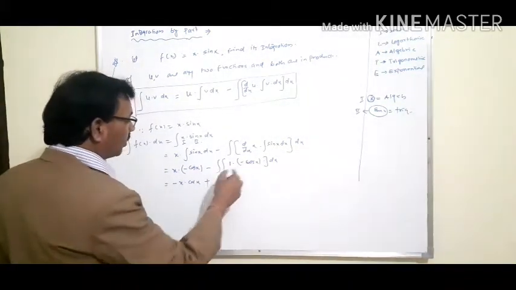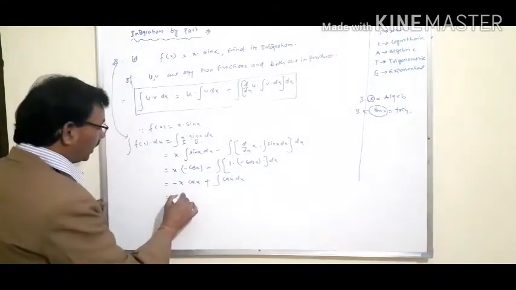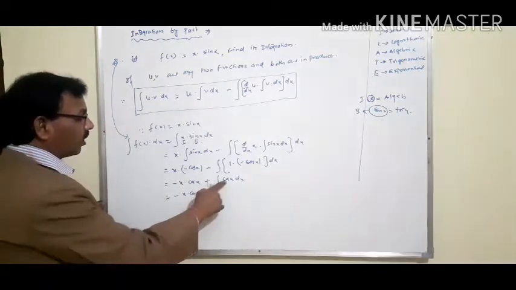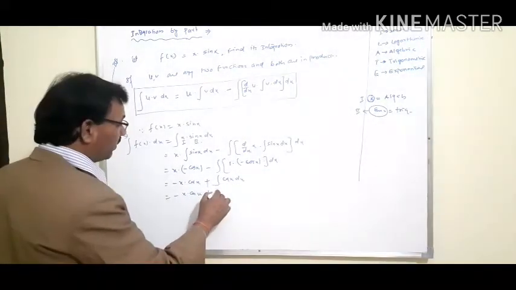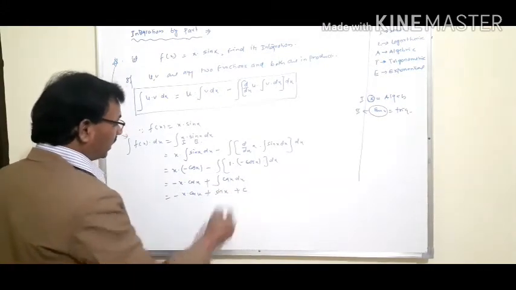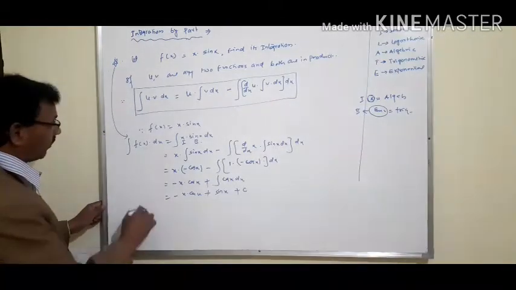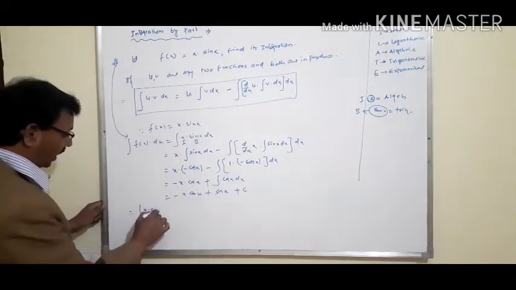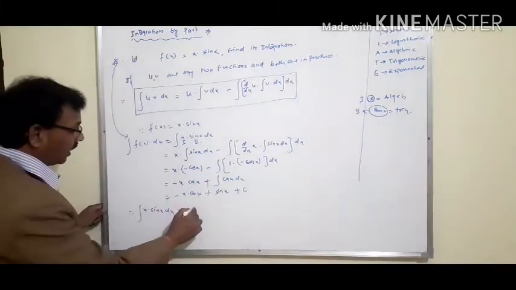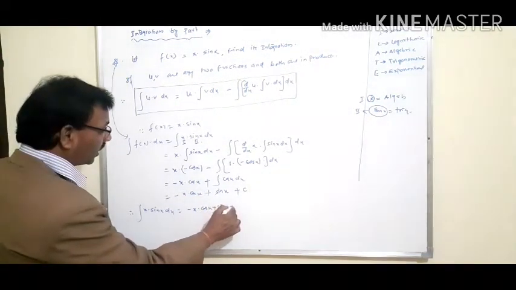The integration of cos of x dx, minus x into cos of x plus the integration of cos of x with respect to x, which will be positive sin of x, and write one arbitrary constant c. Therefore the integration of x into sin of x dx equals minus x into cos of x plus sin of x plus c.